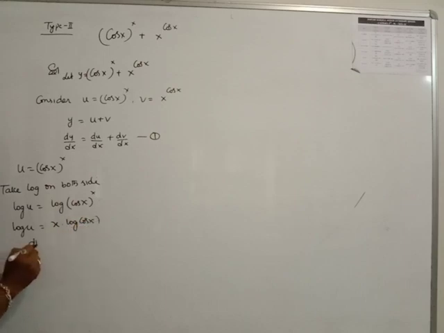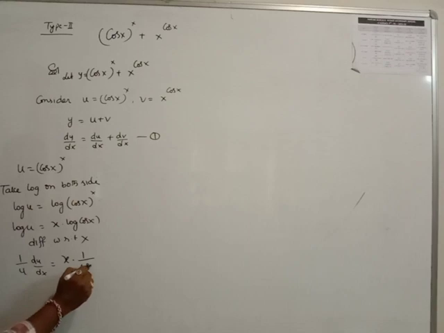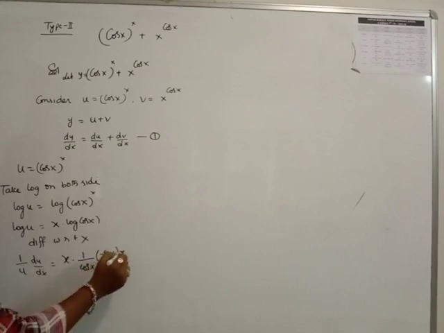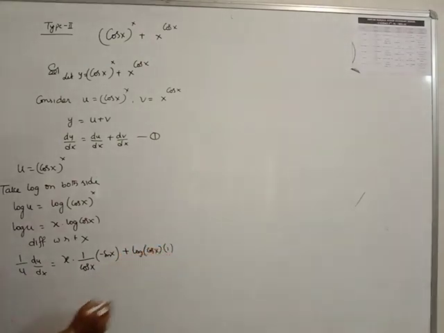Go for the differentiation with respect to x. Finally, what do you get? 1 by u du by dx, equal to x into derivative of log of cos x: 1 by cos x into derivative of cos x, which is minus sin x because of the chain rule, plus log of cos x into derivative of x, which is 1.